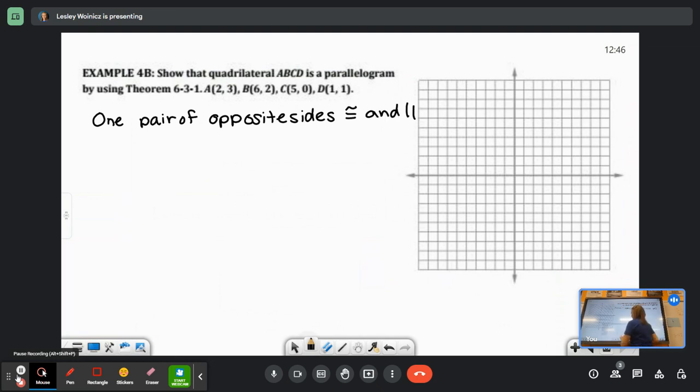Okay, so that's what we're after. Let's plot these points. 2, 3 is our A. B is at 6, 2. 1, 2, 3, 4, 5, 6. B. C is at 5, 0. And D is at 1, 1.